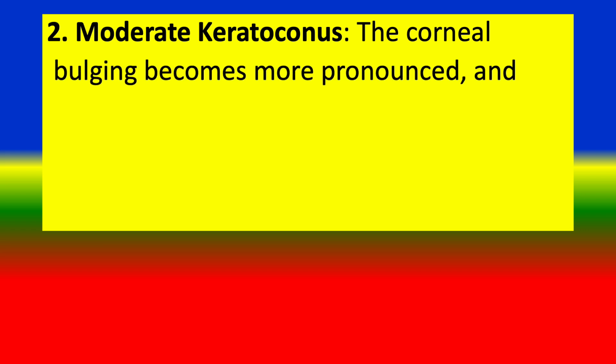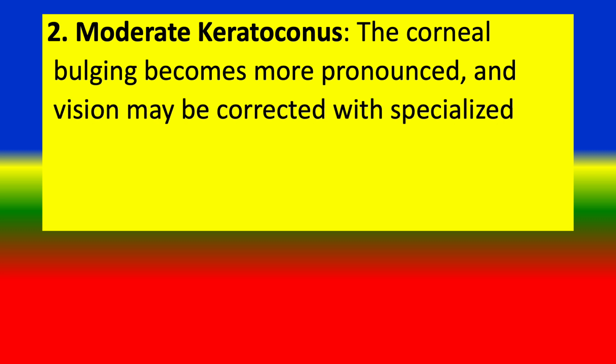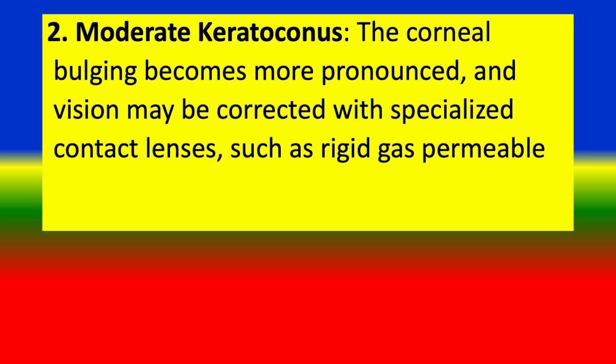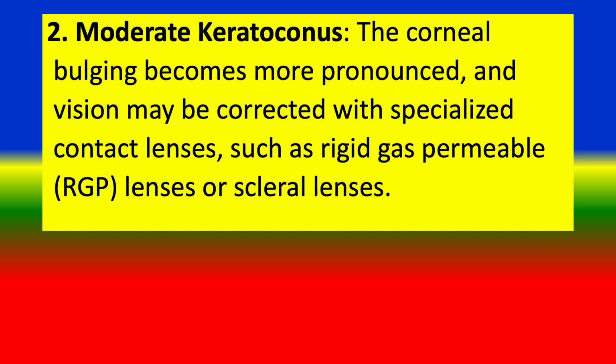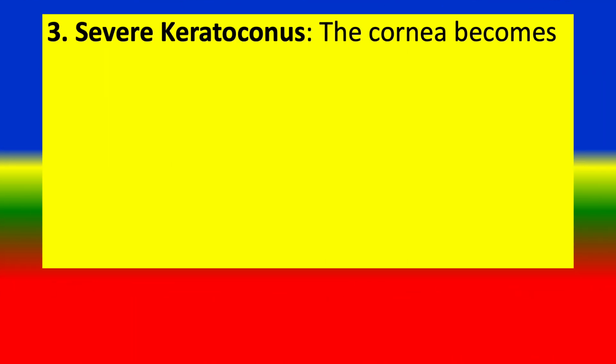The corneal bulging becomes more pronounced and vision may be corrected with specialized contact lenses such as rigid gas permeable lenses or scleral lenses. 3.